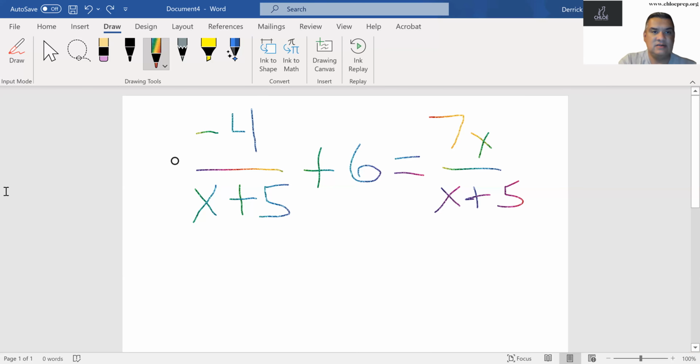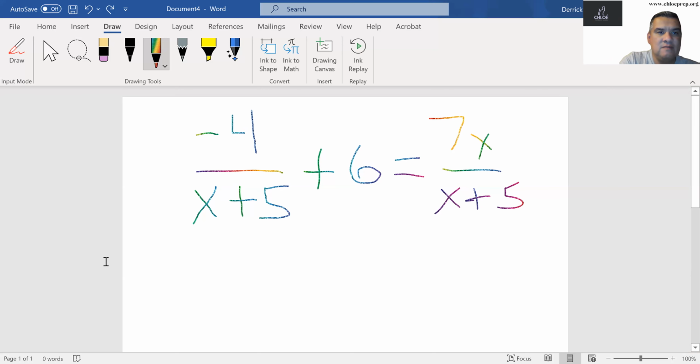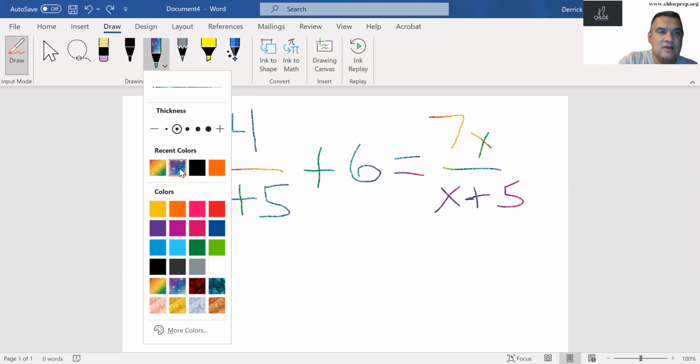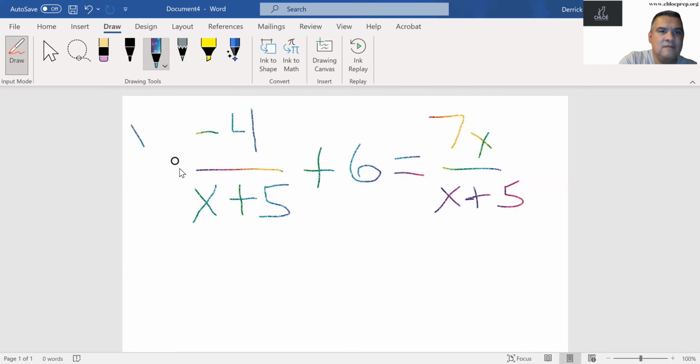Remember we mentioned with equations, I can do anything I want to an equation. Anything. The only thing is I have to do it to both sides of the equation. So I want to get rid of this x plus 5. So I'm going to multiply both sides by x plus 5.